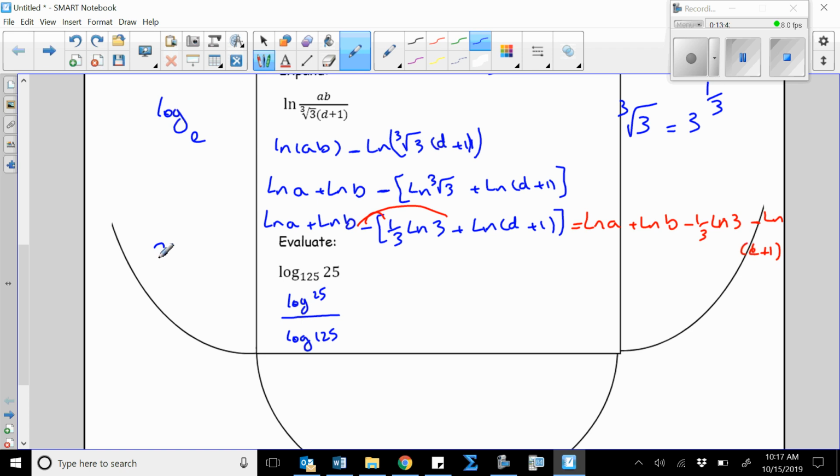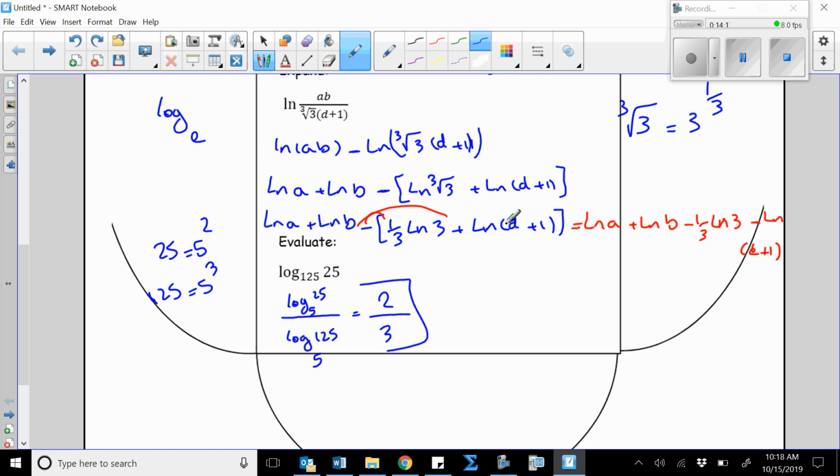If you notice, 25 is 5 to the power of 2 and 125 is 5 to the power of 3. So I can use the base of 5 here. So this could be log of 25 base 5 over log of 125 base 5. Now, what is log of 25 base 5? It's 2, because 5 to the power of 2 is 25. And then this one will be 3, because 5 to the power of 3 is 125.